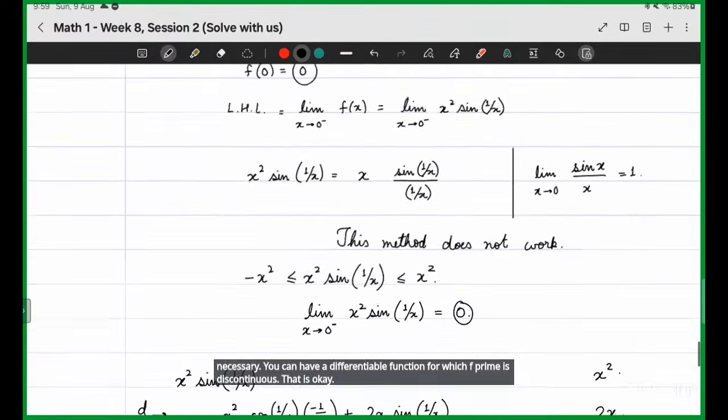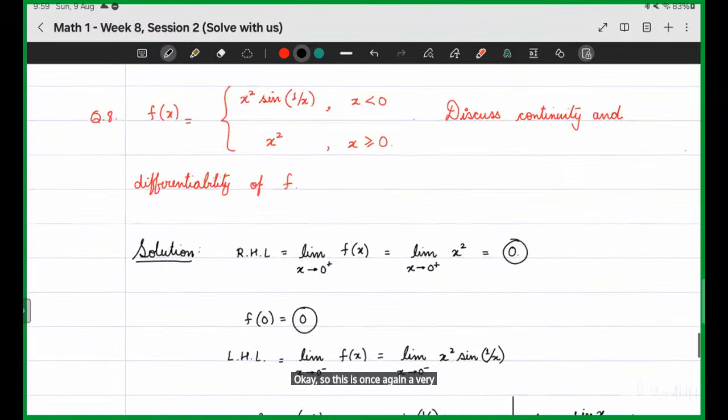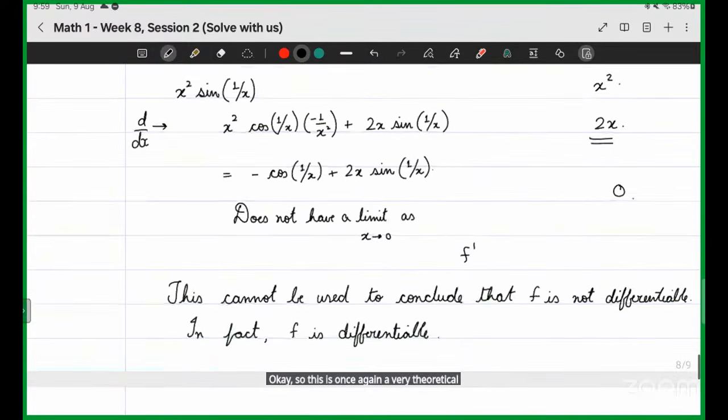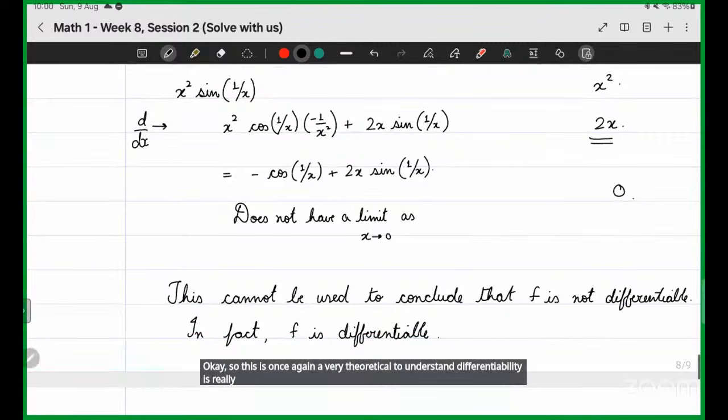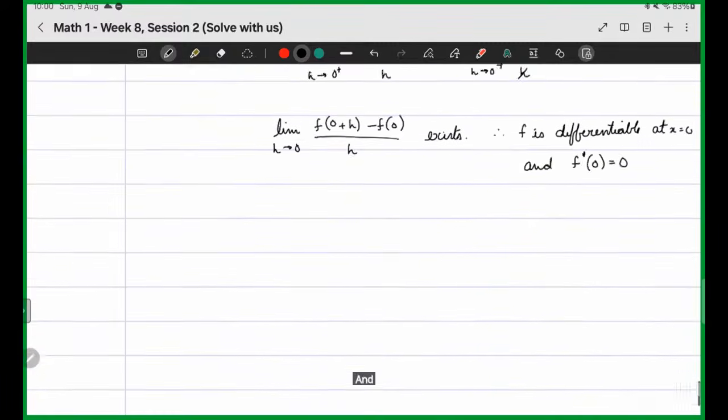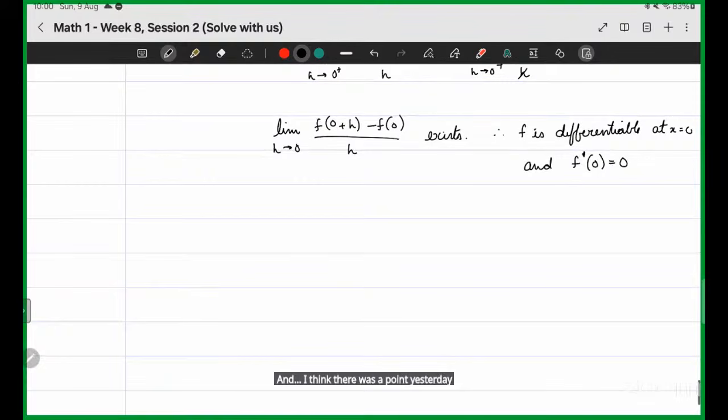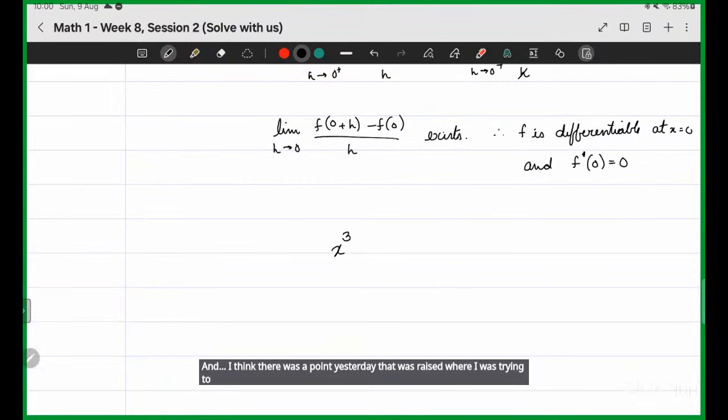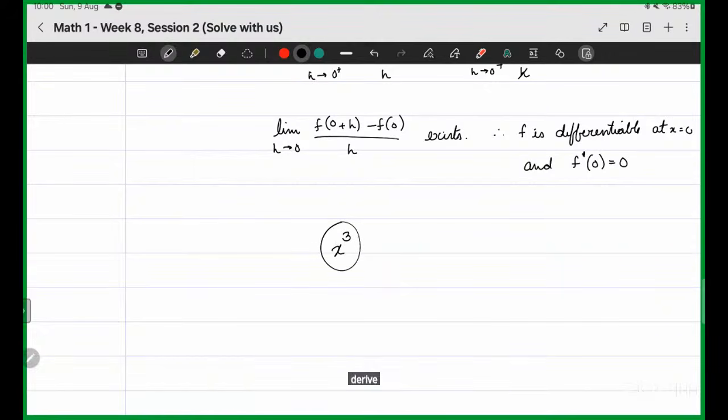Okay, so this is once again very theoretical, but really good to understand differentiability. I think there was a point yesterday that was raised where I was trying to derive the formula for the derivative by first principles, and you just said you can just use the table.